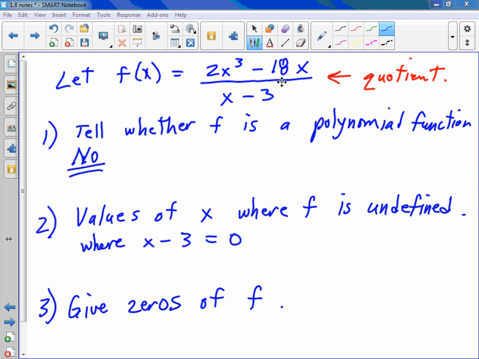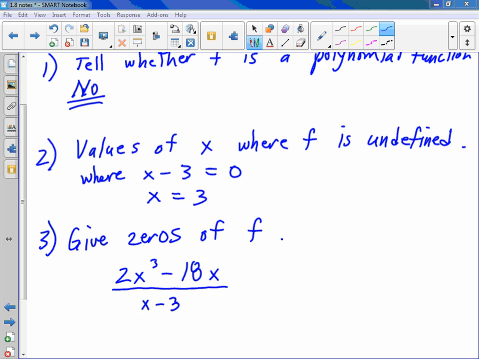So if we just look at where x minus 3 equals 0, we'll know one place where it's undefined. So x would have to equal 3.